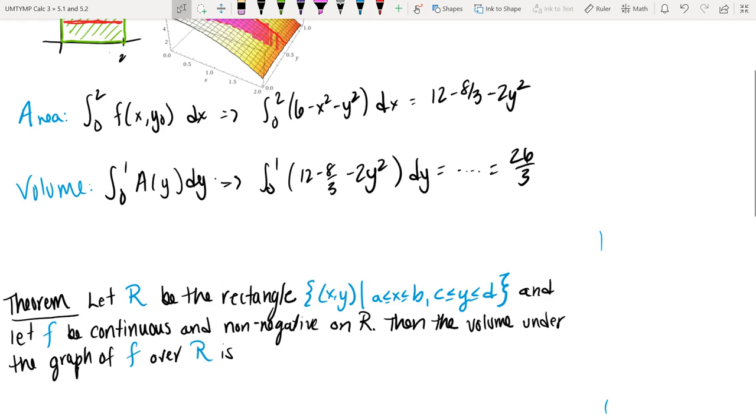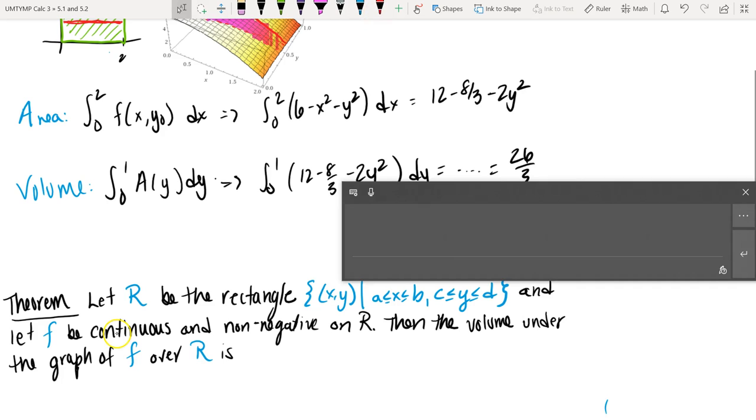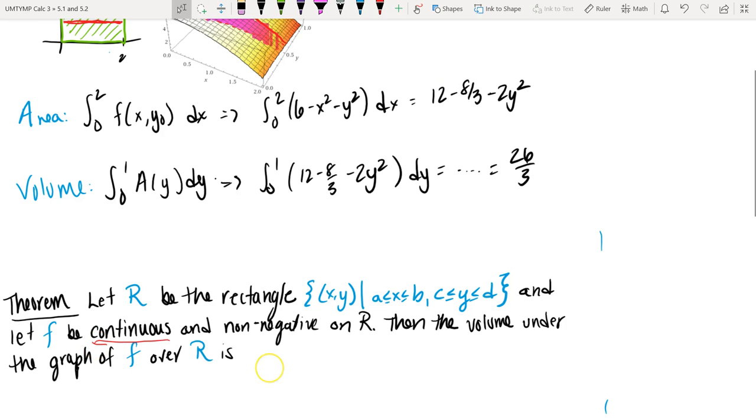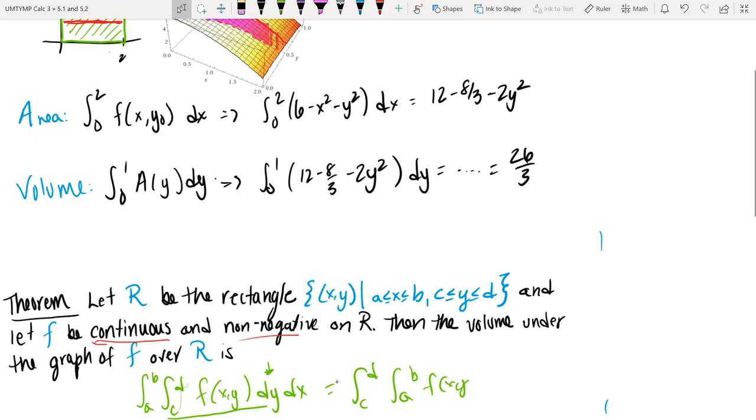If we have a region, a rectangle R, and a function that is continuous and non-negative, so yes, we do need to justify that our function is continuous and non-negative on R, then the integral from a to b and integral from c to d of f of x, y, dy dx, noting that the first differential corresponds to the innermost integral, equals the integral from c to d of the integral from a to b of f of x, y, dx dy.